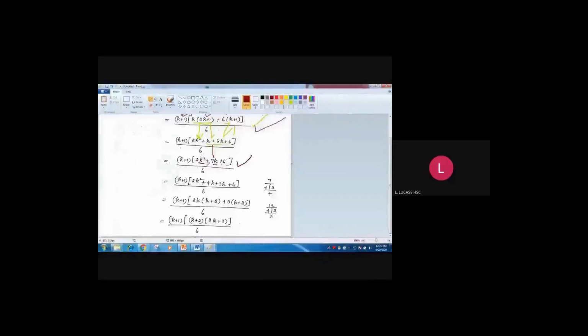So dear students, how can we factorize this? Look at the middle term, the coefficient of k. What is the coefficient of k here? It is 7. You have to find two numbers such that the sum is 7 and the product is 12. We have to find two numbers like that. We can take 4 and 3. See here, 4 and 3.